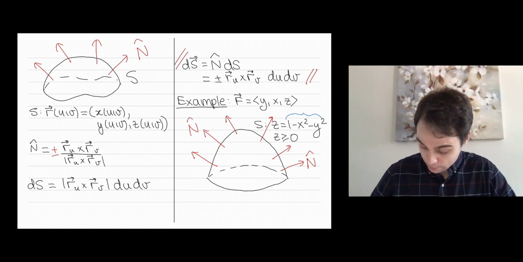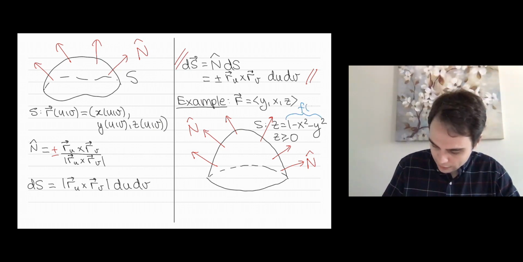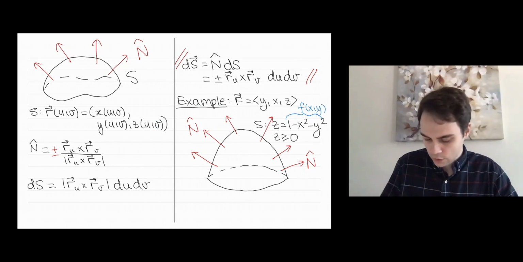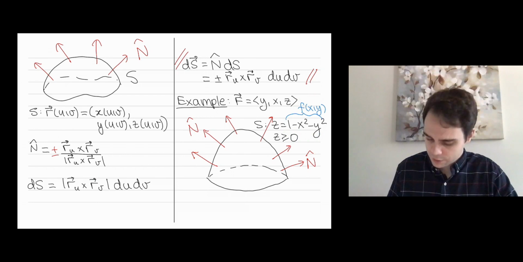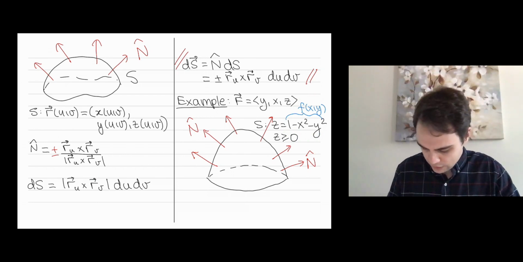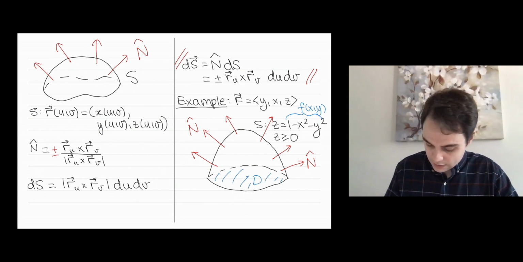So here, this surface is really a part of a graph, z equals some function of x and y, that describes my surface. And we're looking at the part of this graph over the unit disk, over this disk over here. And this disk lies on the xy plane.